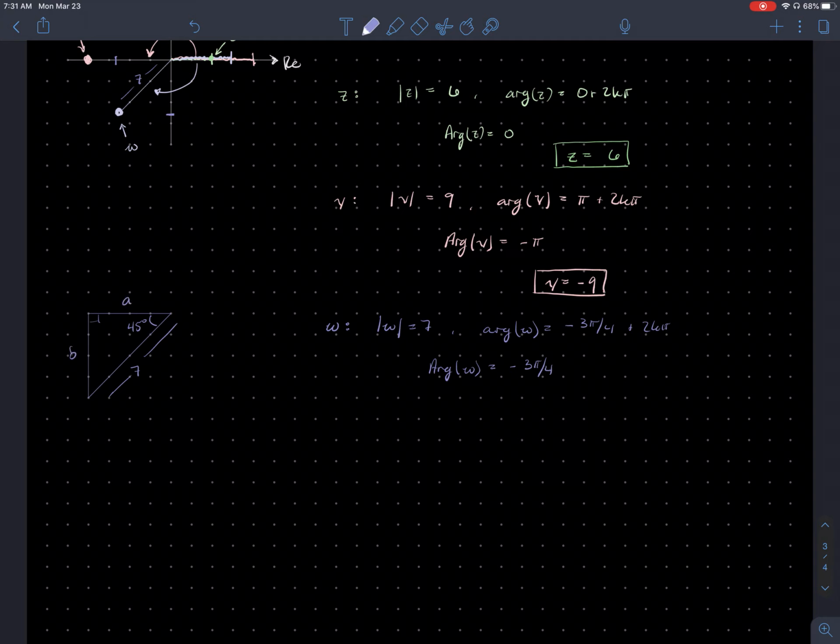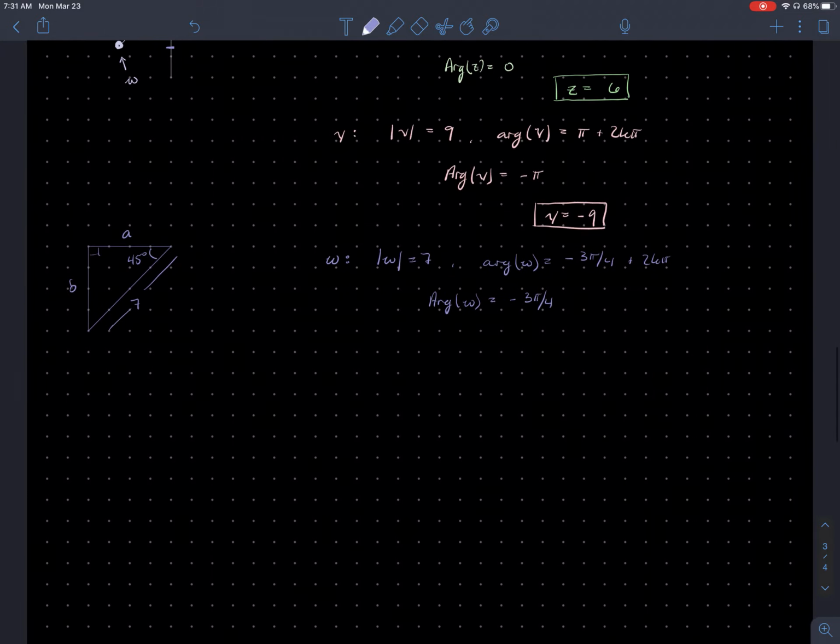So we can say A is going to be equal to 7 cosine of 45 degrees, and B is also going to be equal to 7 sine of 45 degrees. Well, sine of 45 degrees and cosine of 45 degrees are equivalent, so these are equal. Those end up being square root of 2 over 2.